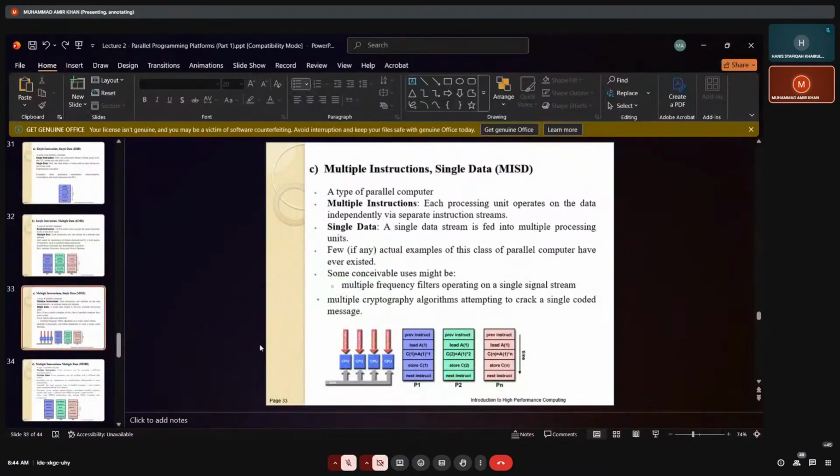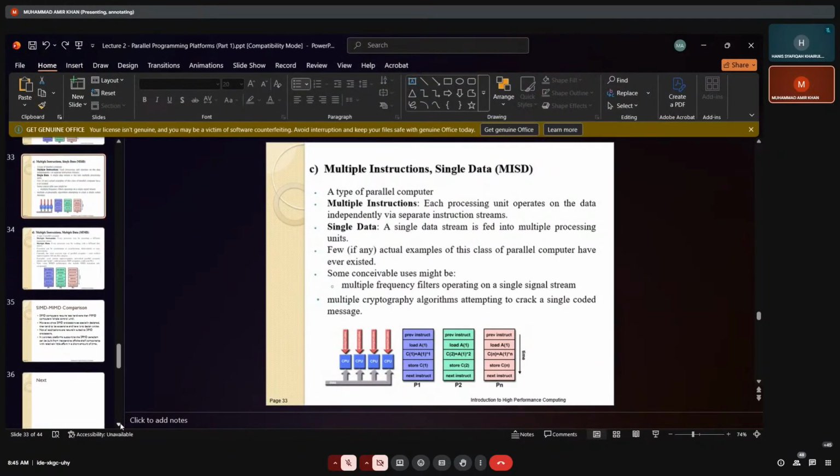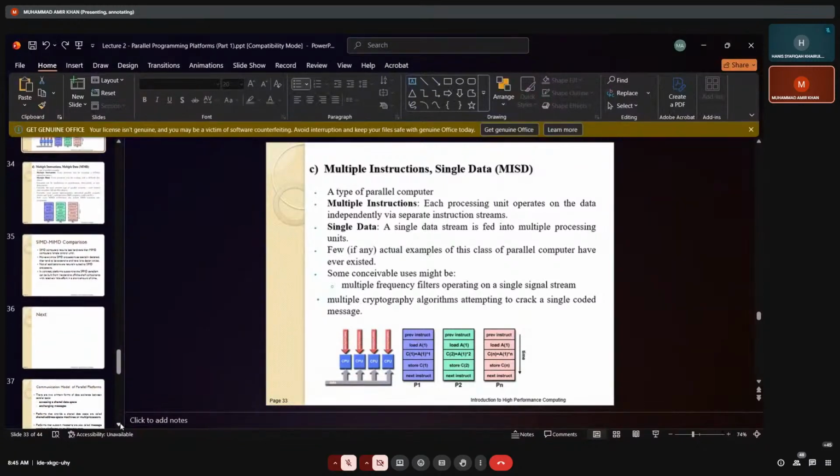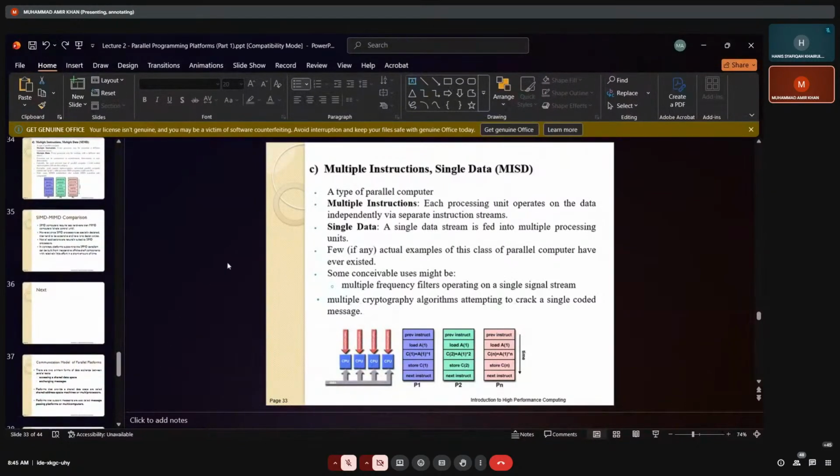MISD, sorry. Multiple instructions, single data. This is also a type of parallel computer. Here, multiple instructions, each processing unit operates on the data independently. We have different instructions here, but the data is the same, single data.